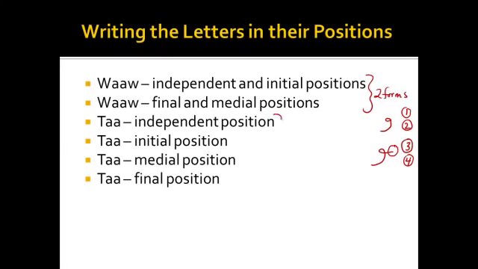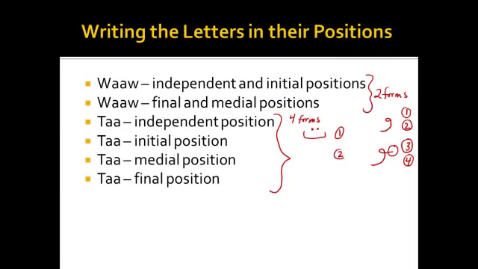Now, if we look at the ta, we'll see that the ta has 4 forms for each of the 4 positions. So for our independent position, the ta looks like this.